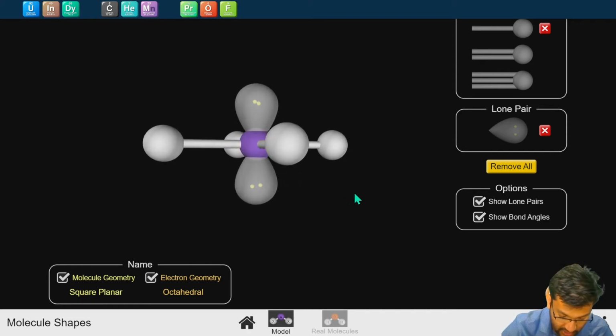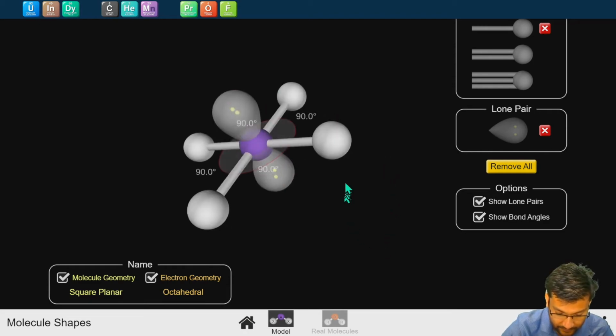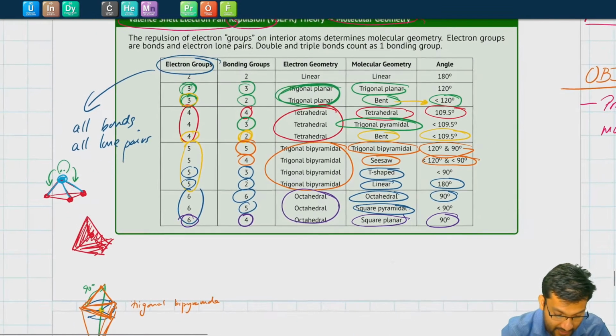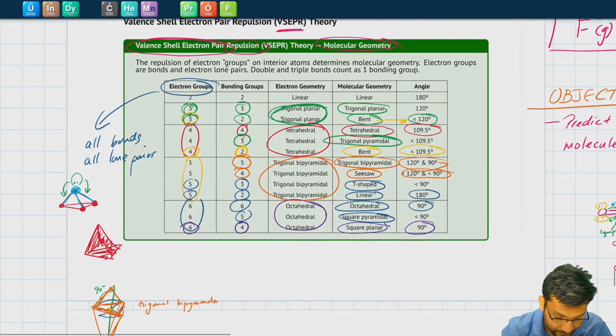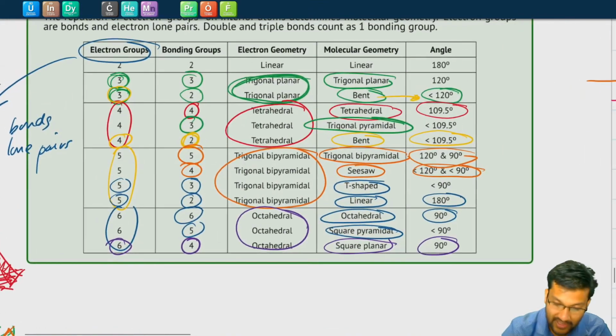We have this flat structure, so it's planar. Planar just means flat. But because there are 4 atoms here, we call it square planar. Square planar, because if you connect this, you form a square. The angles are 90 degrees. So that's a lot. But these are the various different geometries and angles that you can get from various molecules.